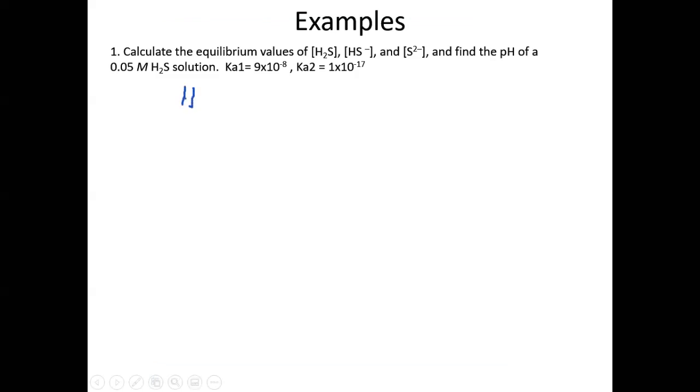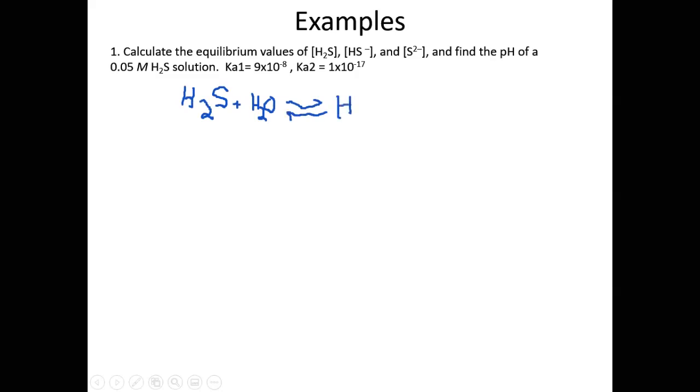So let's first write the first step, H2S plus H2O gives HS minus plus H3O plus.